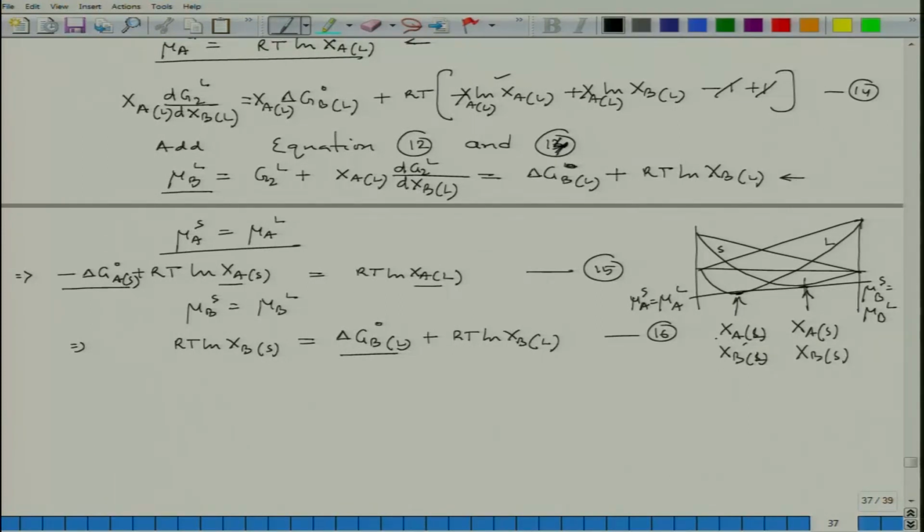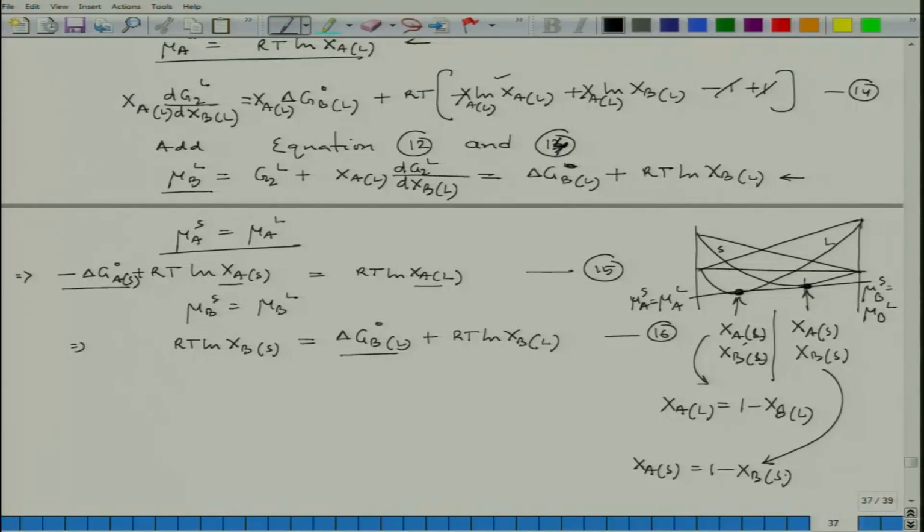Now, I can term XA liquid, so these compositions and these compositions. I can write XA liquid equal to 1 minus XB liquid, and XA solid equal to 1 minus XB solid.